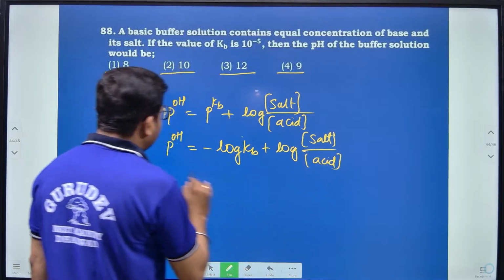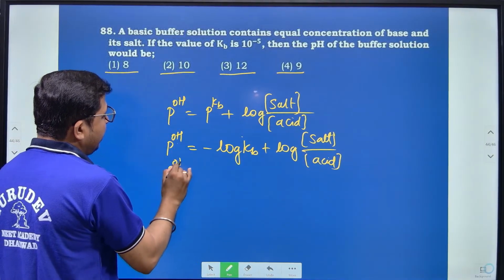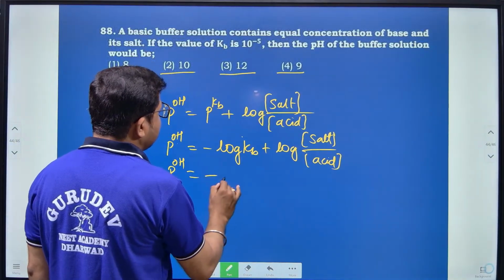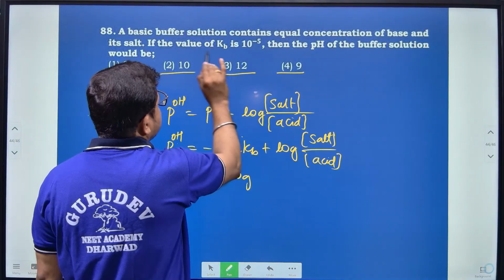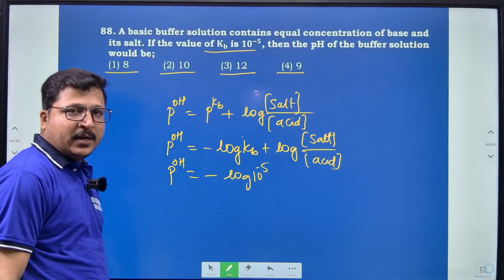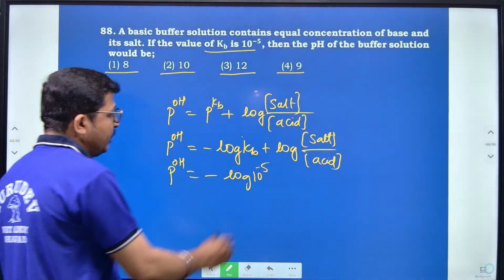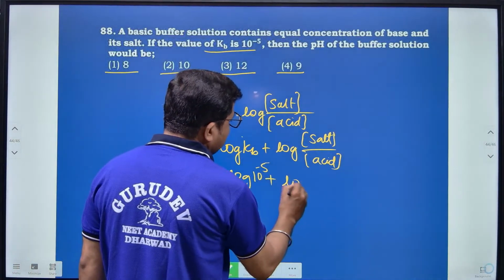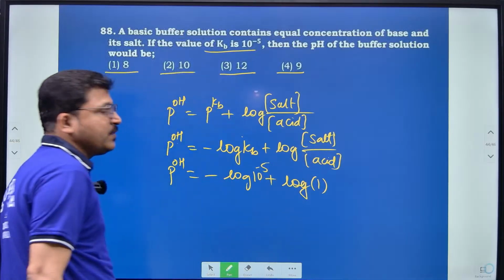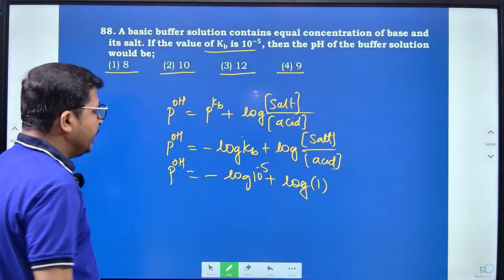Now pOH is equal to minus log Kb, that is minus log of 10 to the power minus 5, plus log of 1, because the concentration of salt by acid is completely unity.